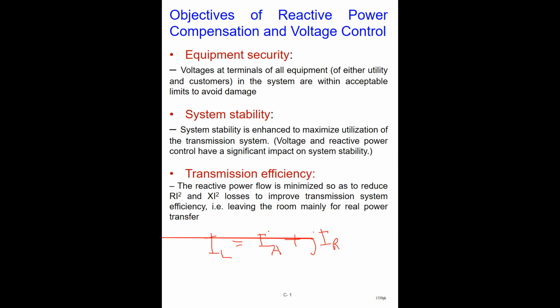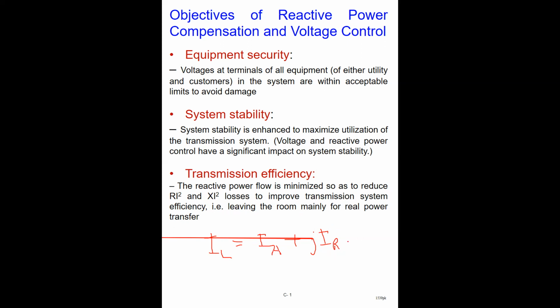So if you have a better power factor of your transmission line, this component will be higher, and thereby this component will be lower, and thus the losses through the inductive element and the resistive element of the line will be lower.